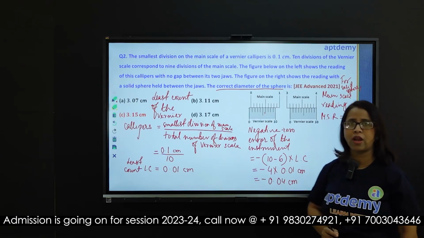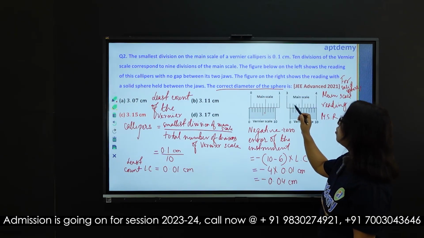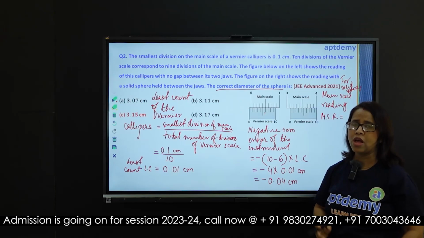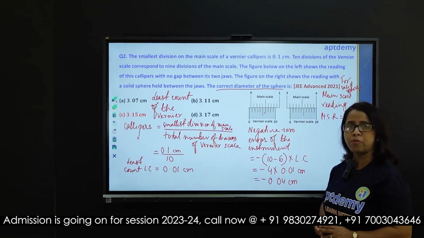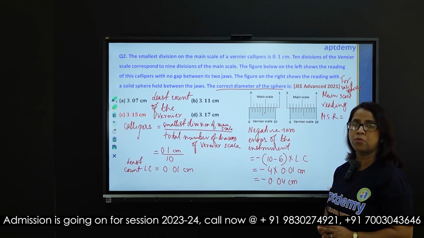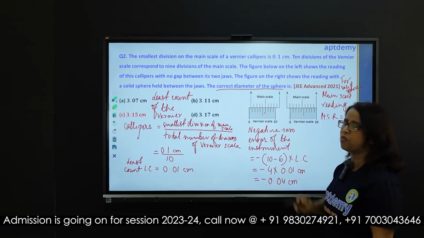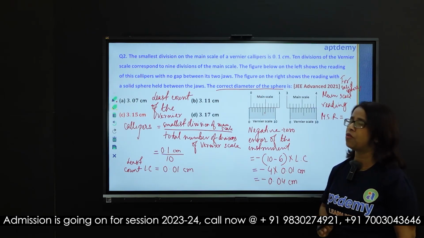Now, sometimes what happens is that you see that the value is coinciding with some value which is not in line with any particular division. At that time, which value are we to consider? You have to remember that whenever we are finding the main scale reading, we actually consider the value just before the zero of the vernier scale.